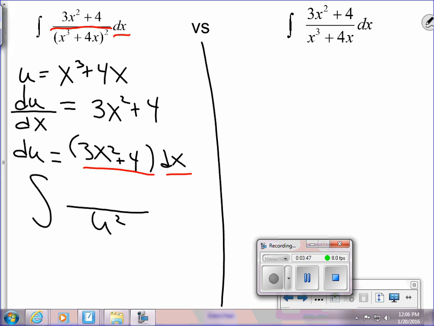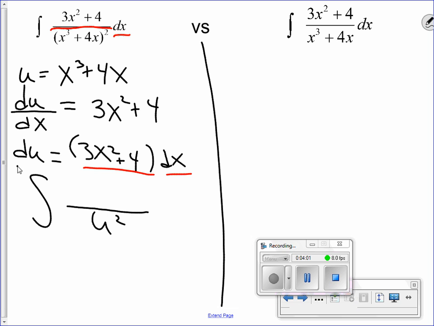Now, we've replaced the x cubed plus 4x, that quantity squared, but we still have to replace the 3x squared plus 4 times dx. That's your du. You see how that equals du? Okay. So you see, by making the correct substitution, we have a rule to integrate this.